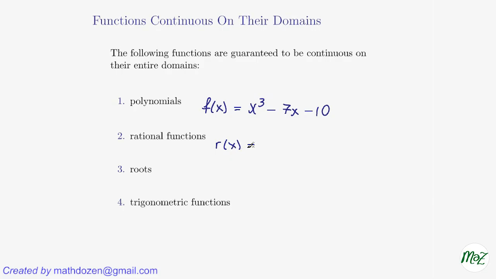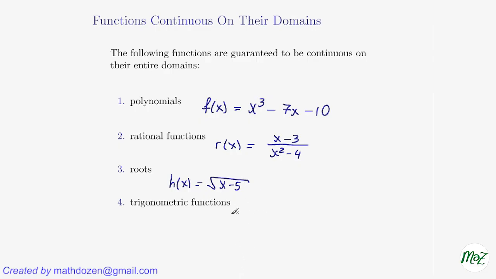Rational functions are the quotients of two polynomials. Roots are continuous on their domains. For example, h of x being square root of x minus 5 will be continuous on its domain.